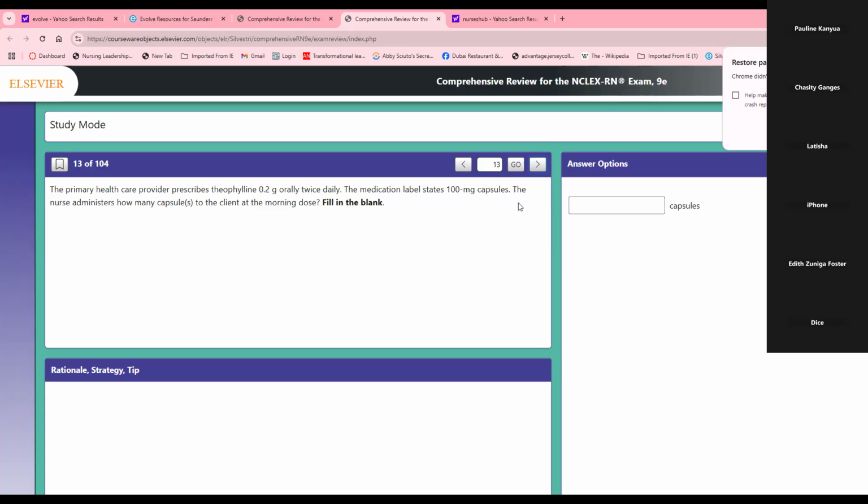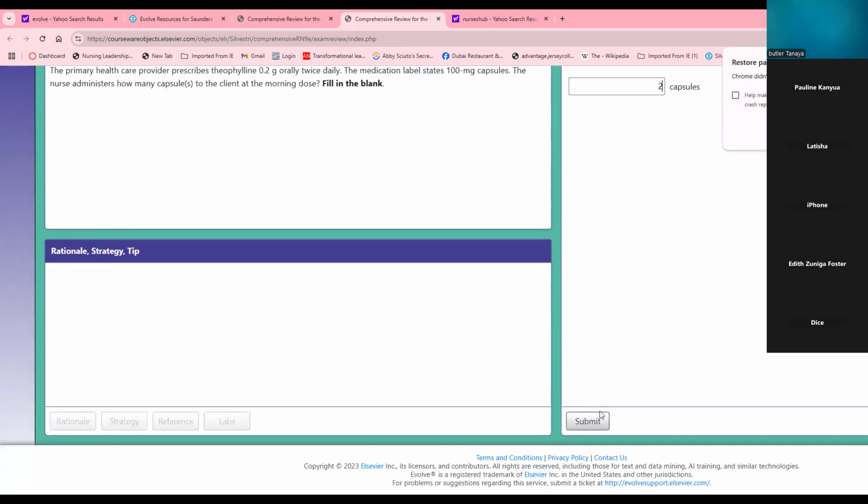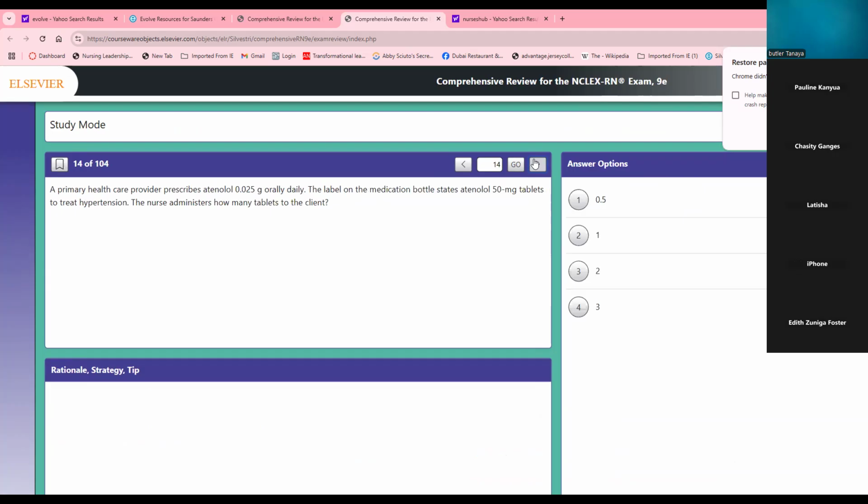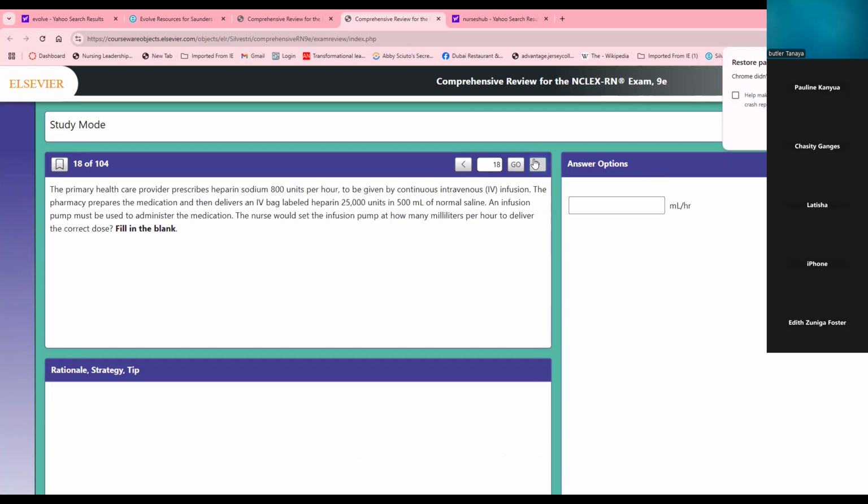All right, what do we get? 2. Okay, everybody was good with that. Everybody was able to convert with no issues. Okay, let's go over this one.